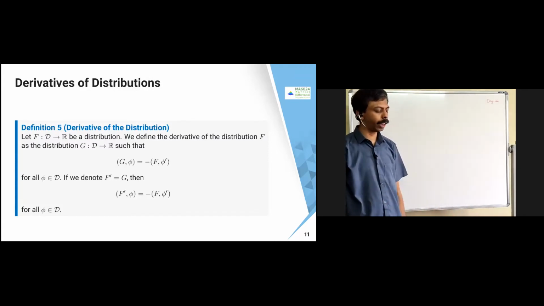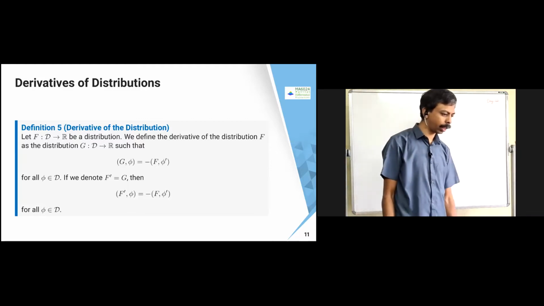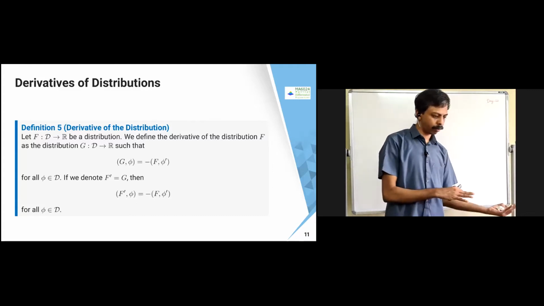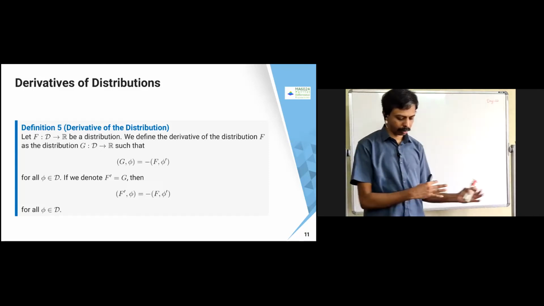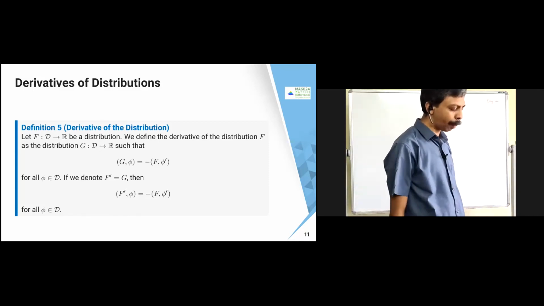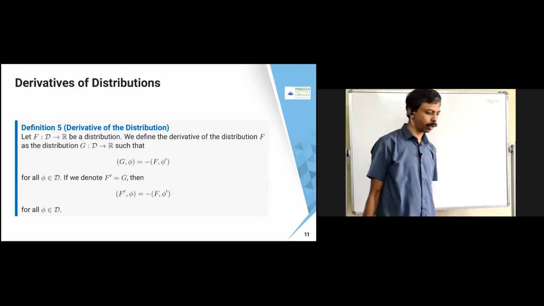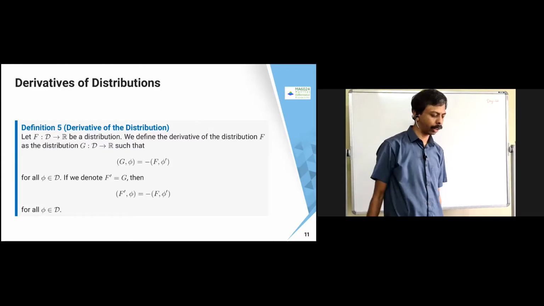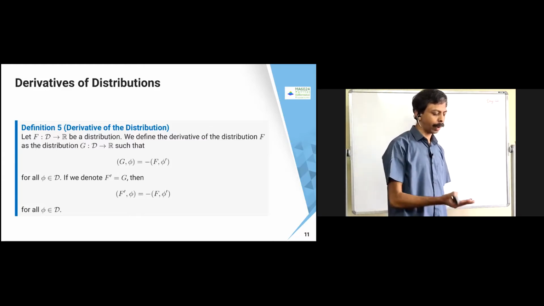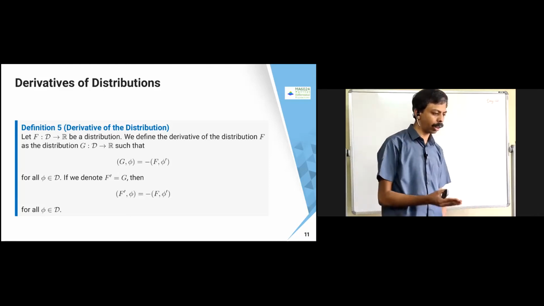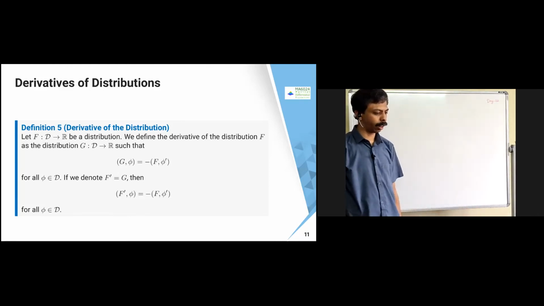Then we define the derivative of the distribution. We just exploit the property of the compact support. Of course, we are going to use integration by parts. Using integration by parts, we define g comma phi as minus f comma phi dash, where f is a function from D and g is the corresponding derivative, which I call f dash.